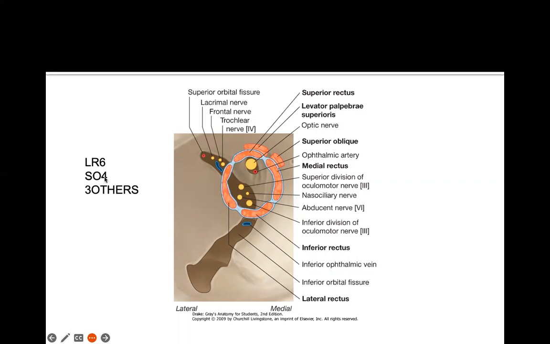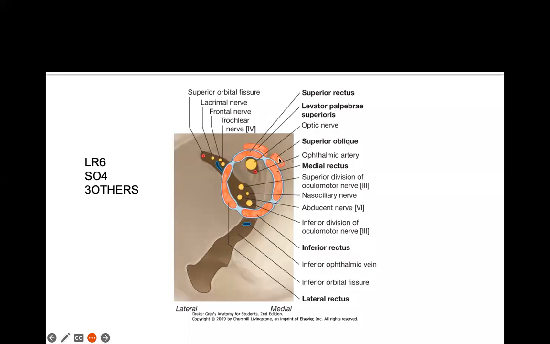Okay, then SO4, superior oblique, SO. Let's look for superior oblique. That is superior oblique. Superior means that we are supposed to see it above, okay? So it is superior and it is obliquely aligned or situated.